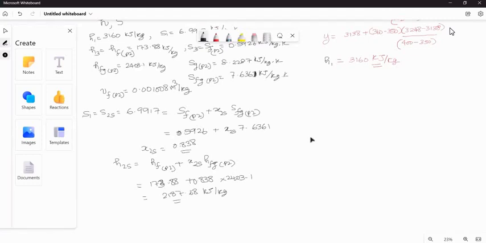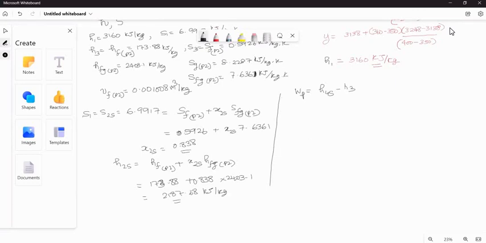For the net work, you have to calculate the work input plus the work output, right? The work input is the pump work. You can write the pump work, WP, that is work in, as H4S minus H3, the enthalpy difference.